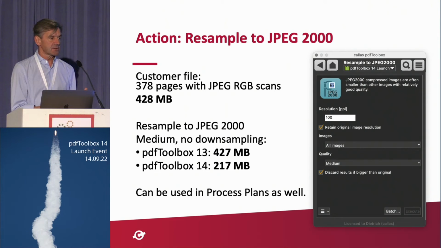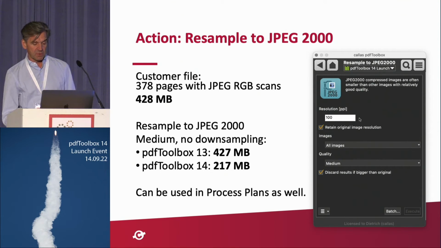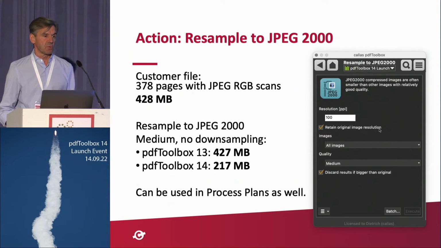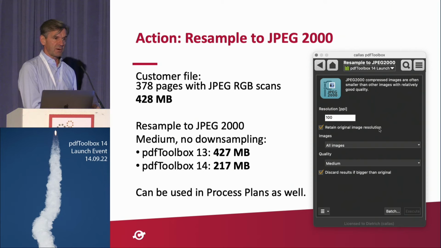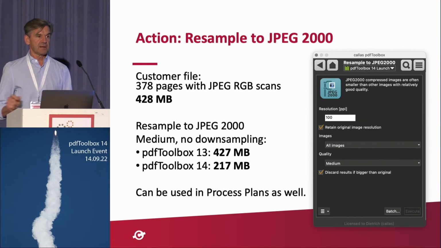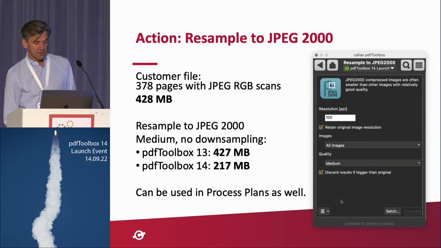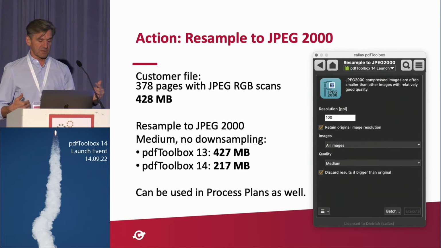The results, so that I can also say what I was using, is these settings that you see here. So the target resolution is 100 ppi. However, I said retain original image resolution. The original used 300 ppi, and the result used 300 ppi. So this dramatic reduction wasn't achieved by reducing the image resolution.